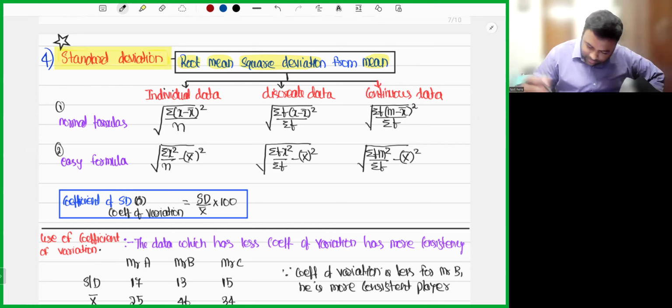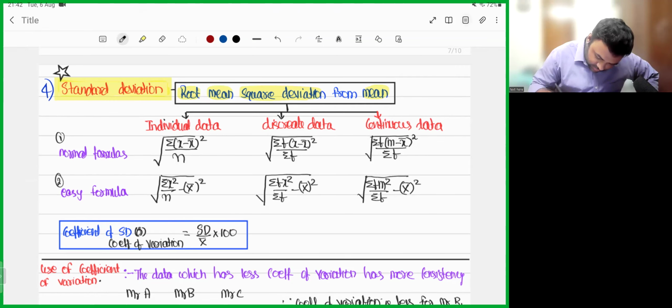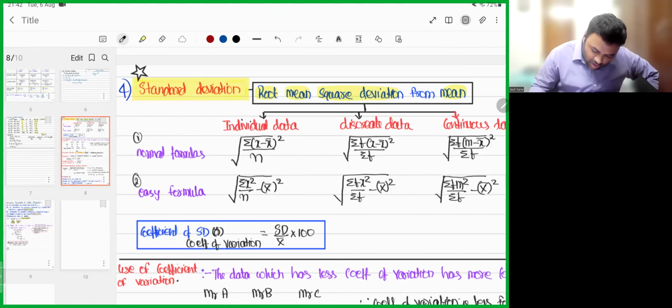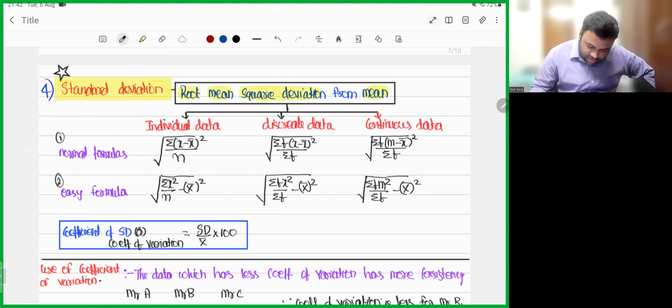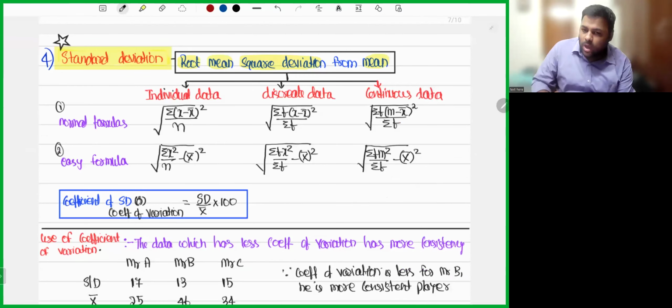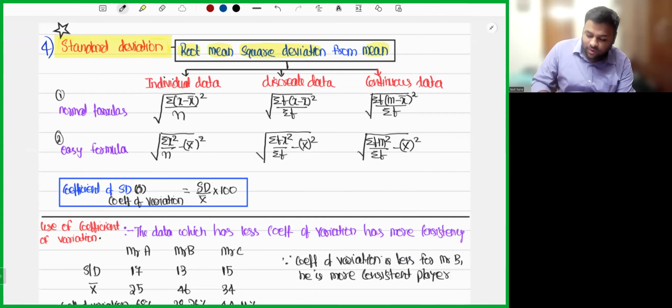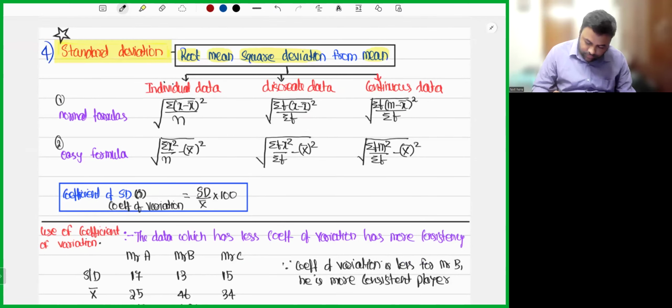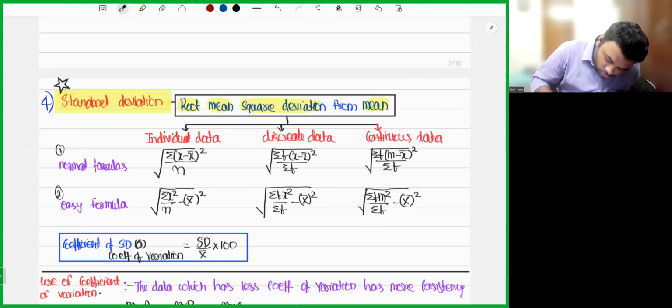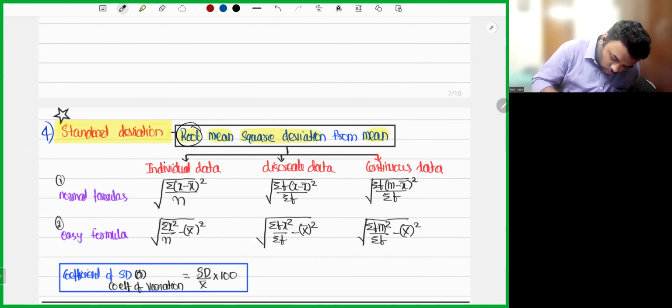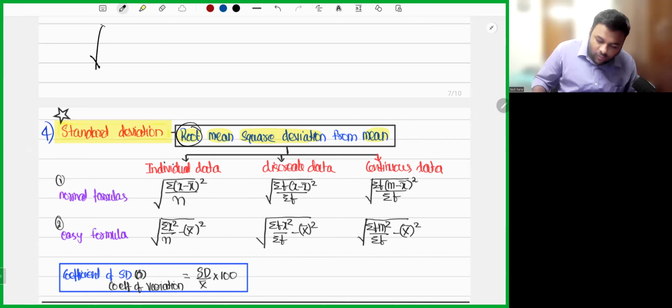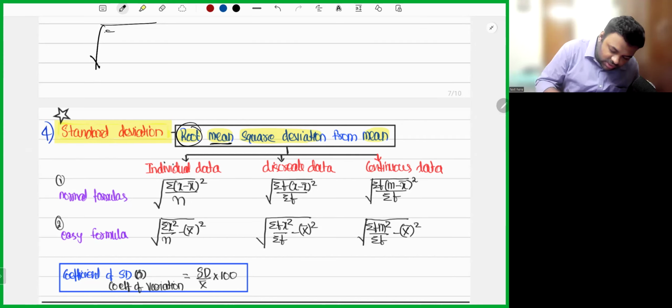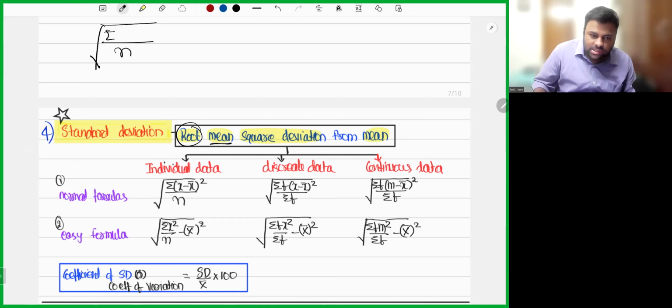Okay. Let's start. Standard deviation. What is the standard deviation? Root mean square deviation taken from mean is called standard deviation. Now, he's telling root. How will you get mean? Sum of observations divided by number of observations.